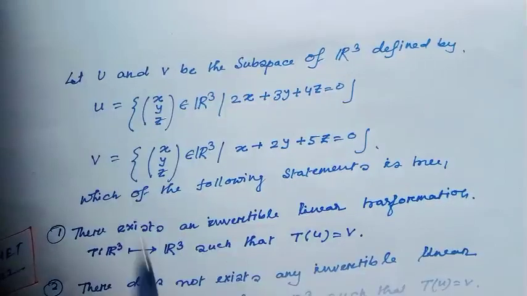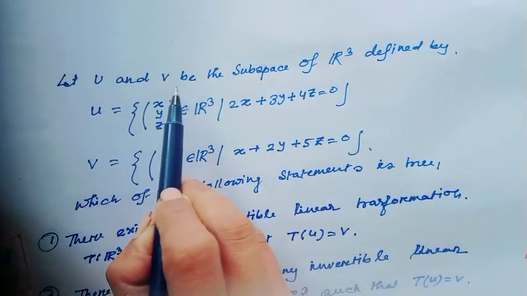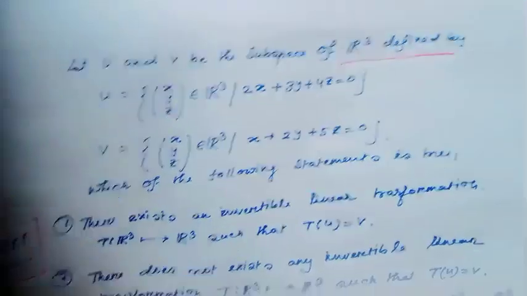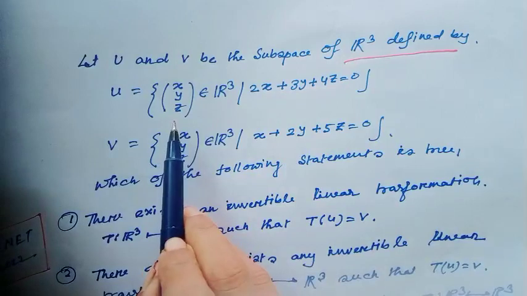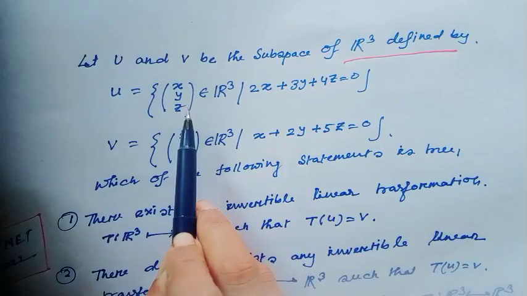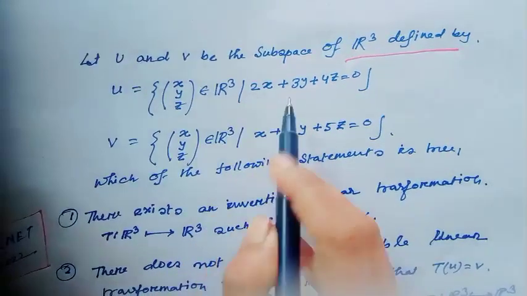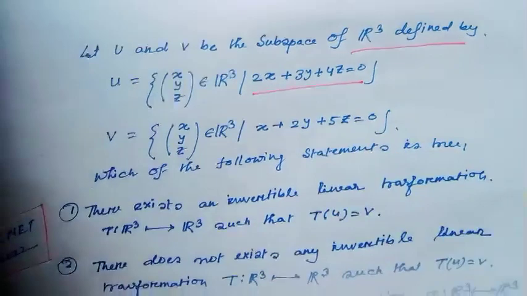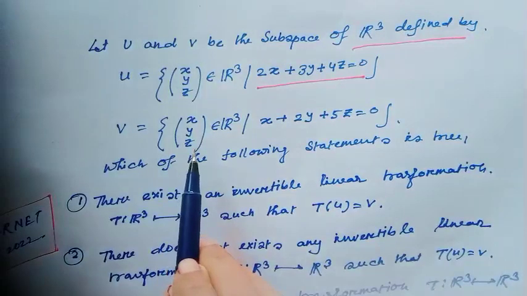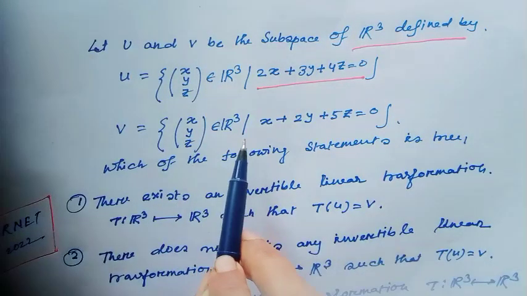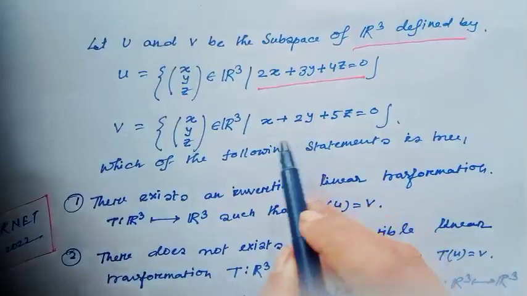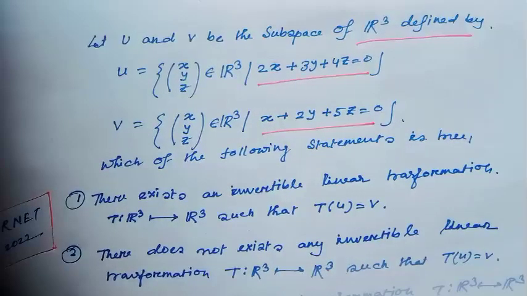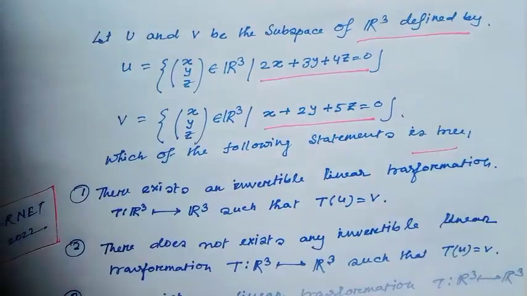The question is: consider U and V be the subspaces of R cube defined by U equal to the set containing the elements x, y, z belonging to R cube such that 2x plus 3y plus 4z equal to 0, and V equal to x, y, z belonging to R cube such that x plus 2y plus 5z equal to 0. Then which of the following statements is true?